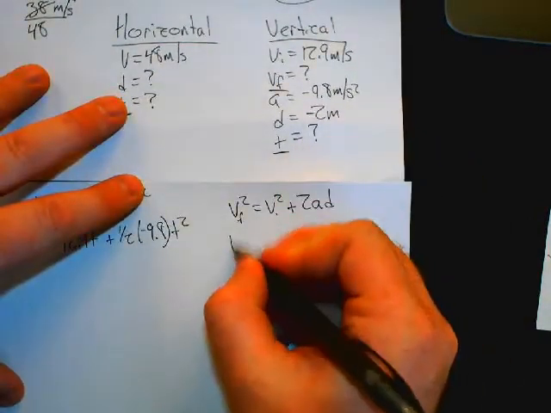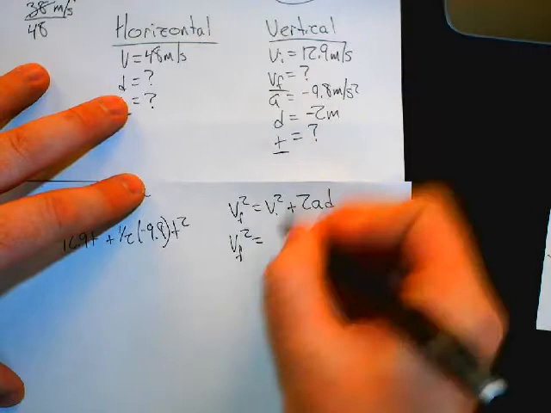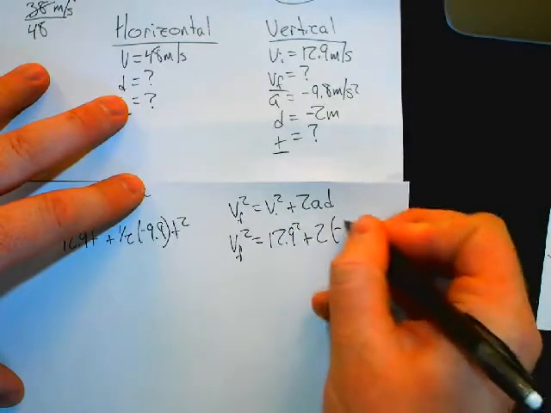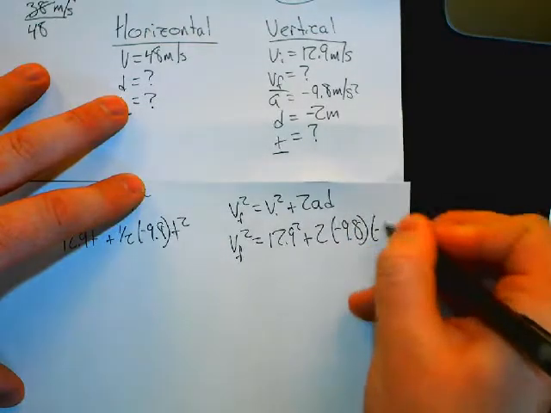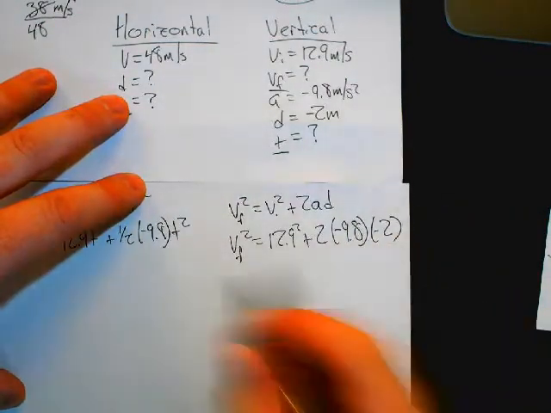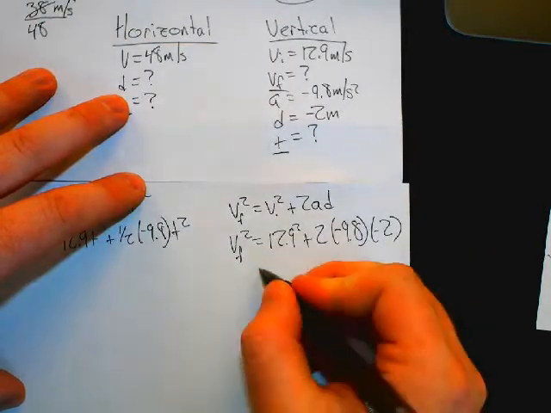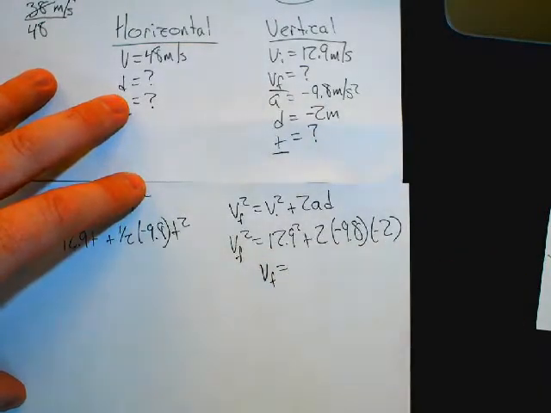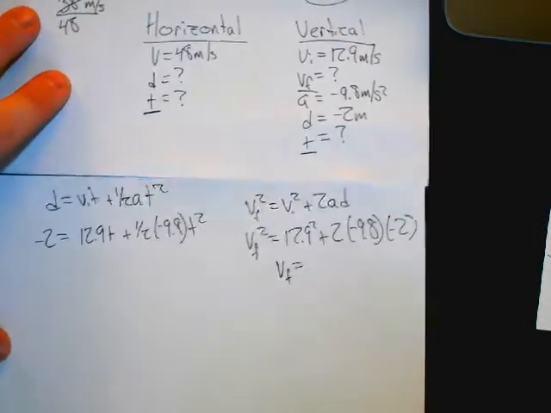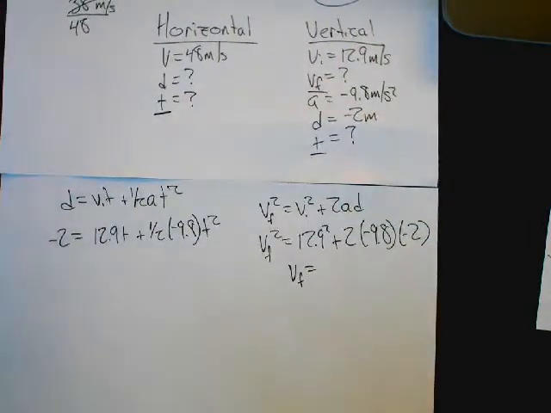So VF squared equals 12.9 squared plus 2 times negative 9.8 times negative 2. Okay, I can plug that into a calculator, square root it, and I've got my VF. This is also a useful way to do things because the AP tests, my free response questions, book questions have a tendency to really like multiple parts, and finding the final velocity is usually one of those parts anyway.